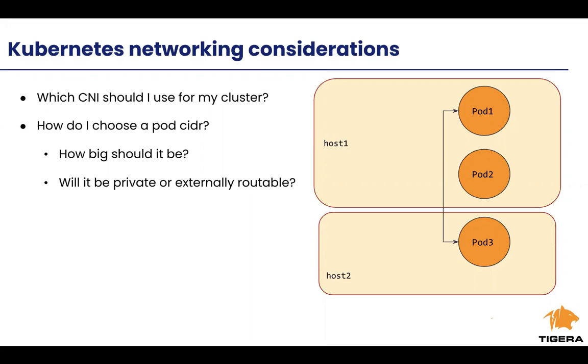If you've got 100 nodes in your cluster, you're going to run out of address space pretty fast. So you need to allocate a CIDR that's going to allow you to grow into the endpoints and the applications that you deploy into your cluster. We'll talk a little bit more about that in a minute.